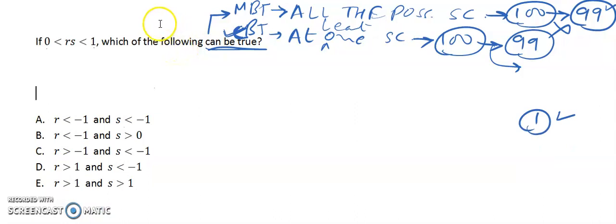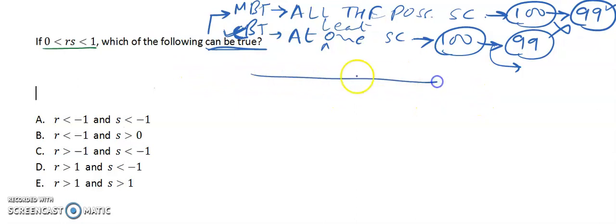first of all take the juice of the information given in this question. The question says RS lies between 0 and 1. So let's draw a number line.